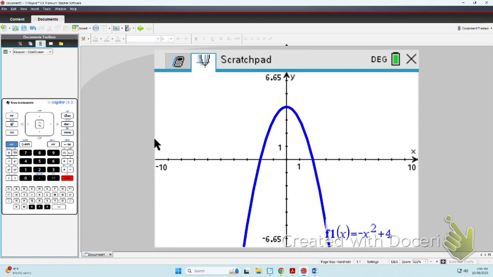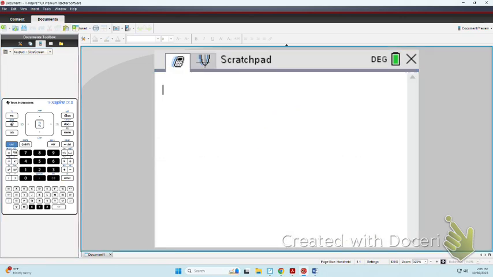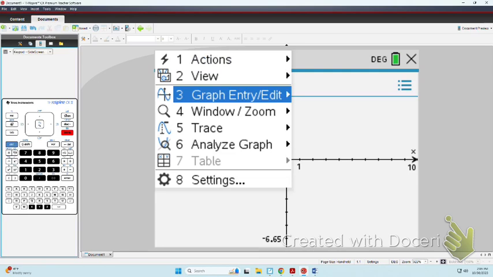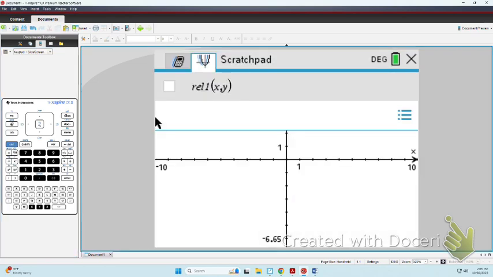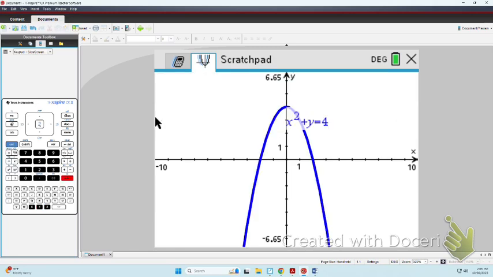What if we didn't set it equal to y, and we try and type it as I typed it? You press menu, graph entry relation. Then you can type it exactly like I typed it. X squared plus y equals 4. And you have the exact same graph.